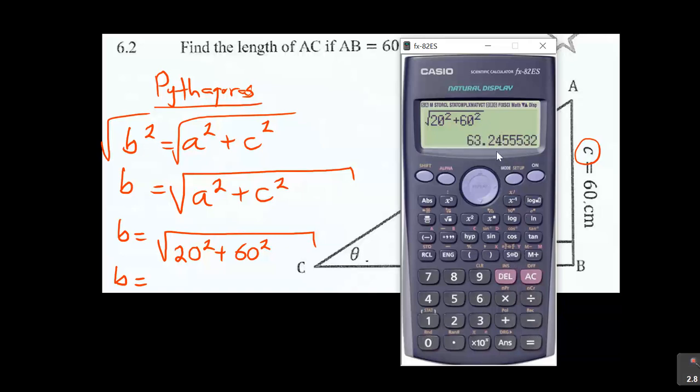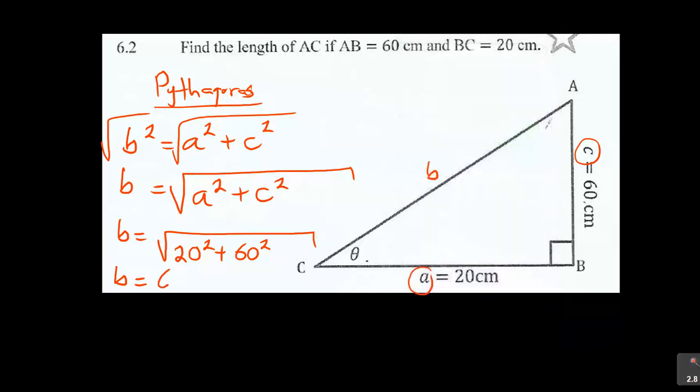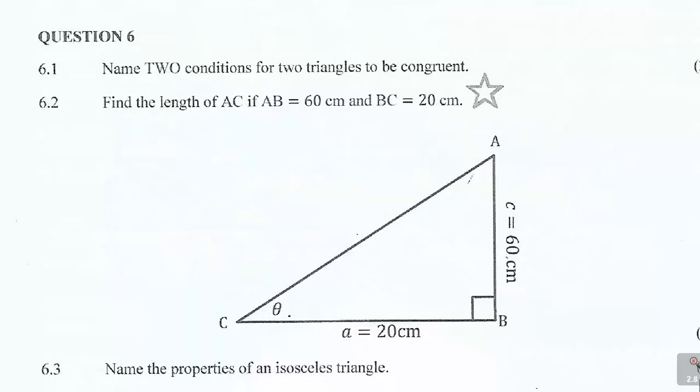Remember, they said leave your answer to 3 decimal places, which is 63,2455. Your calculator can do that. Rounding off to 3 decimal places, it's 63,246. We are dealing with centimeters, so the answer will be in centimeters. That's the value. Find the length of AC. So AC is equal to 63,246.